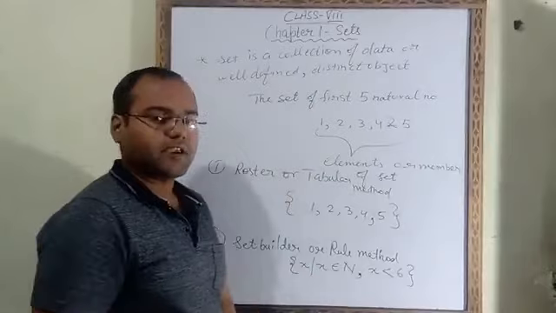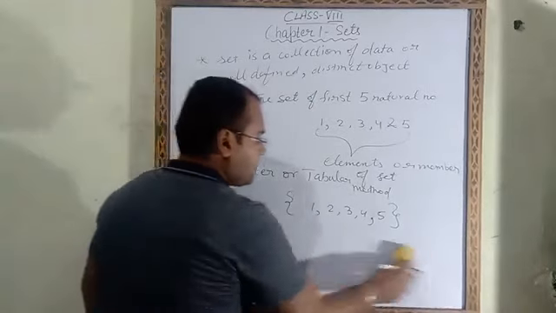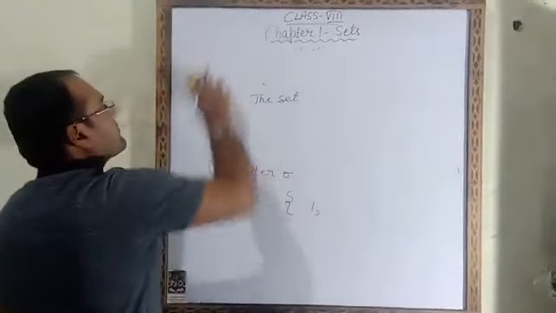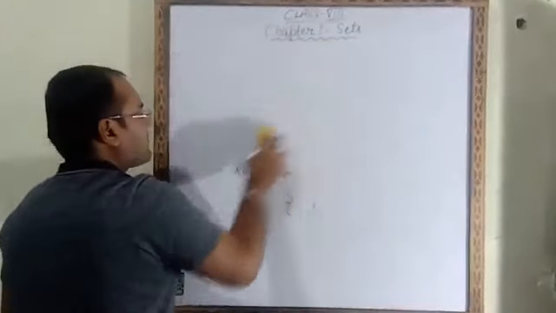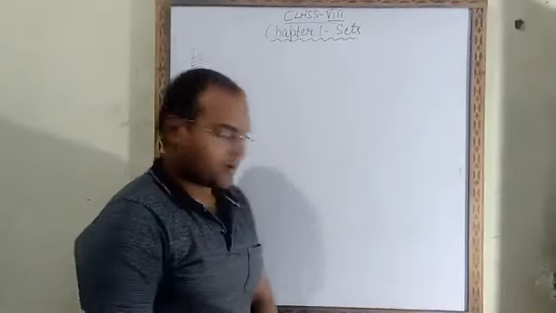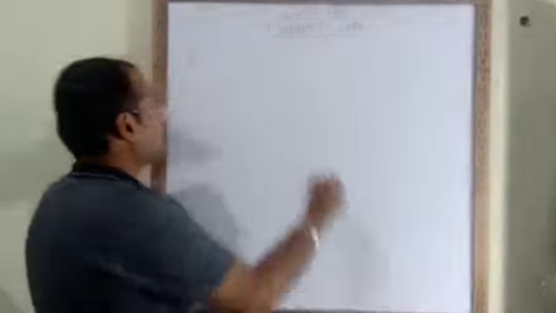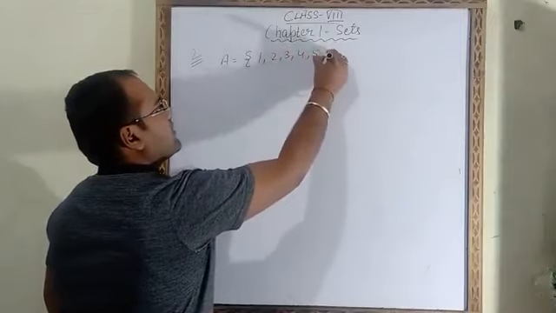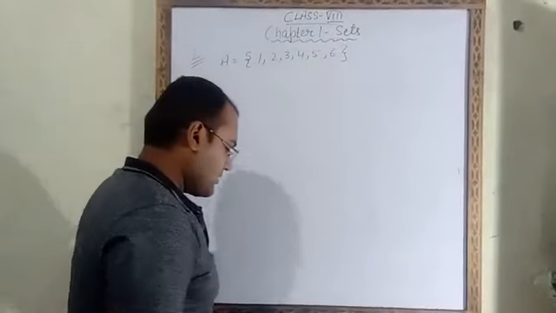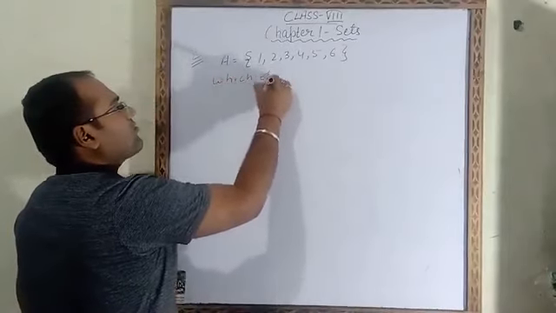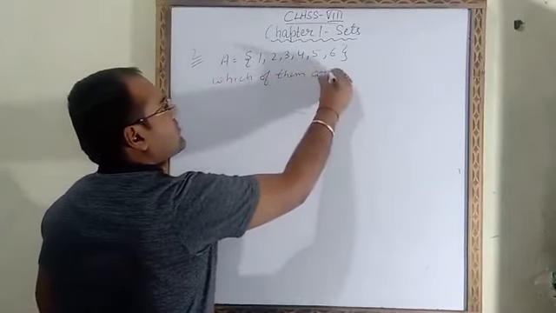Now see question number 2. Question number 2 of your text. Question is A is equal to 1, 2, 3, 4, 5 and 6. Then which of them are true?